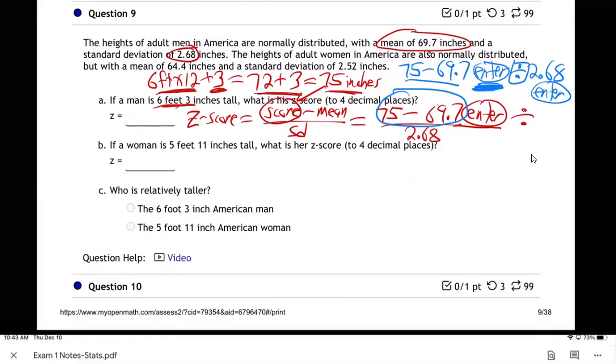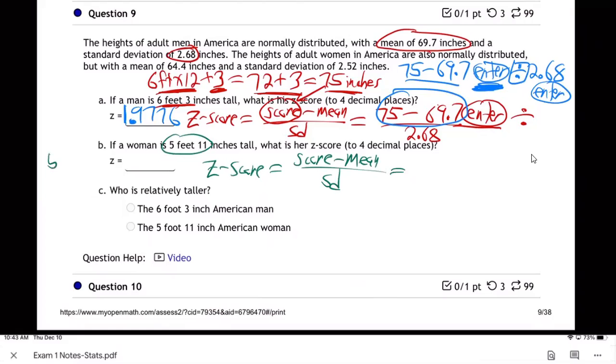So I did that. I'm getting for mine 1.9776. Okay, now let's do the woman. Same thing. Her Z-score is going to be her score minus the mean over the standard deviation. Now, what's her score? Well, she's 5'11".